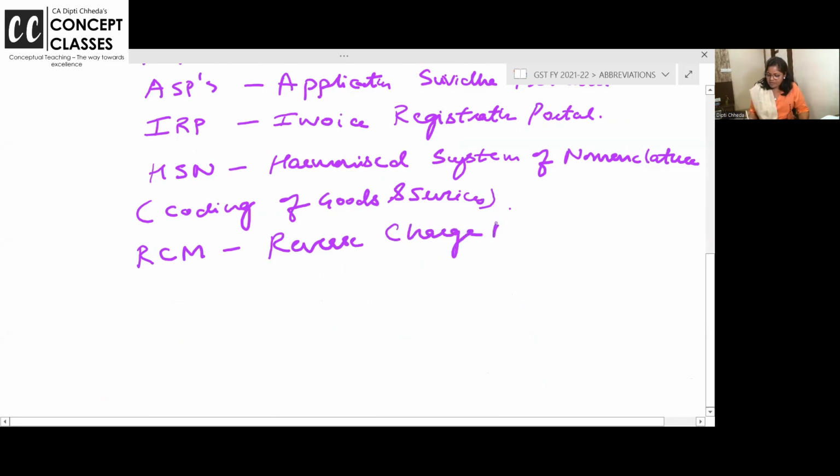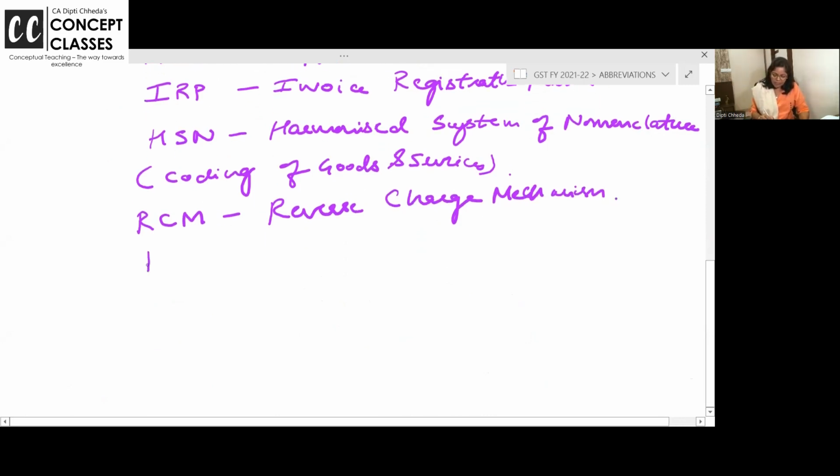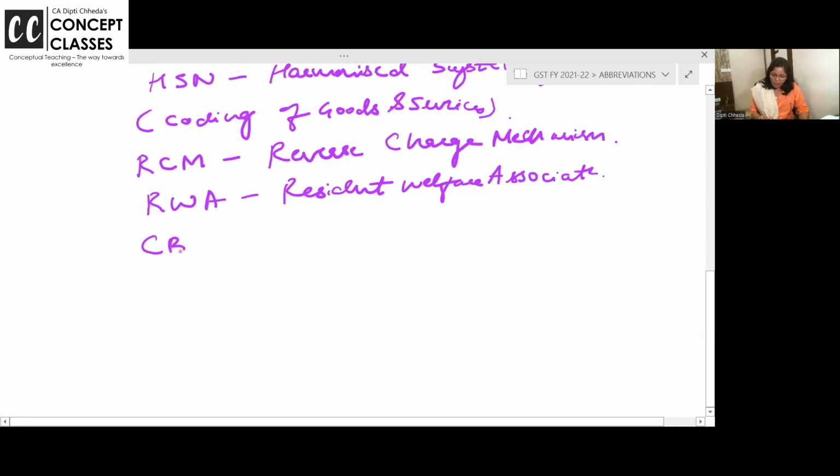Reverse charge mechanism, wherein the recipient will pay the tax. I used the word today, Resident Welfare Association. And then we all know what is CBDT, Central Board of Direct Taxes.